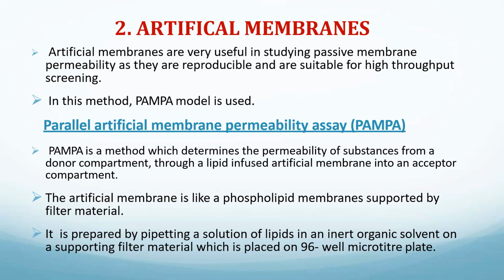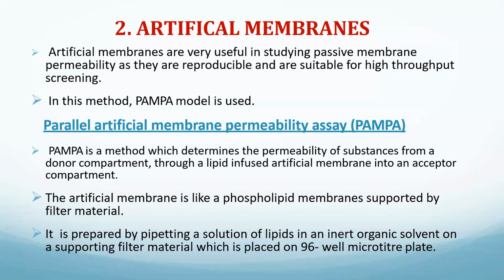Here in artificial membrane, the model we use is PAMPA, that means parallel artificial membrane permeability assay. It is a method in which we can determine the permeability of the drug substances.